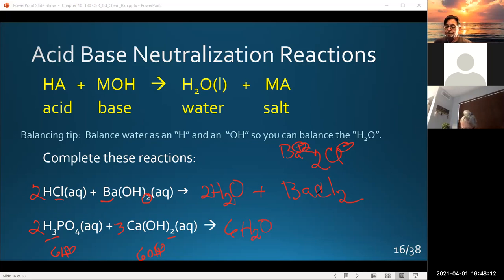Right? 6 protons, 6 hydroxides give me 6 waters. I've neutralized the acid and the base. Now what's left is the anions, and I'm going to change the color so we know what we're talking about here. We got the metal here, calcium, okay?